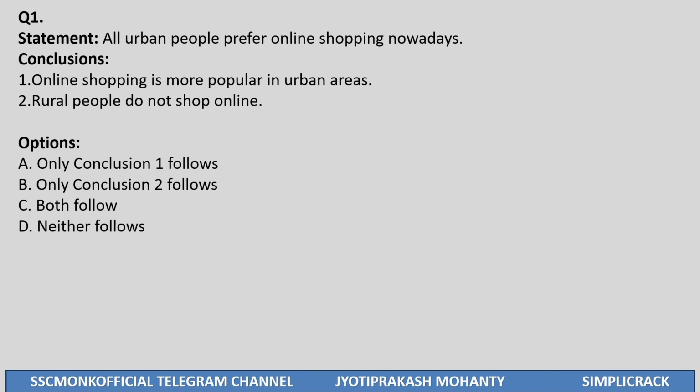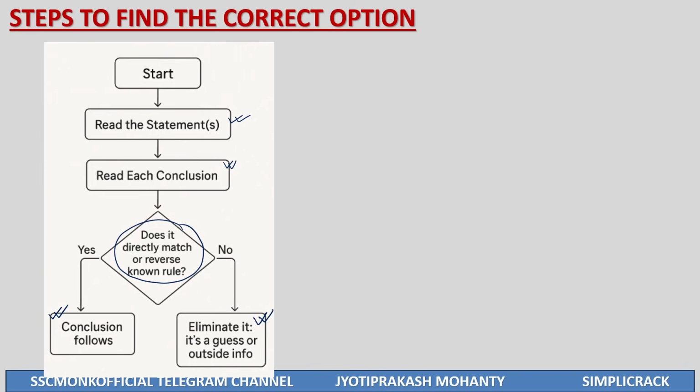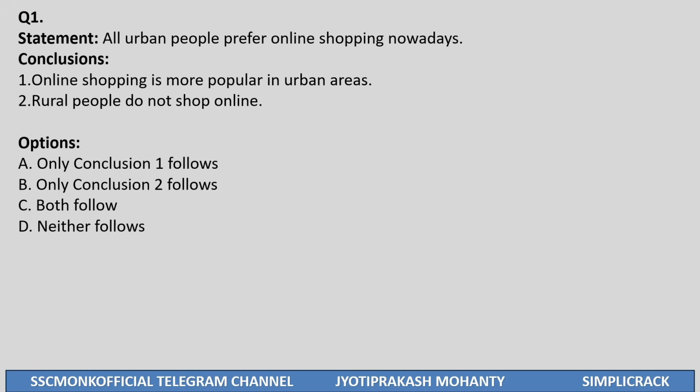It is saying all urban people prefer online shopping nowadays. So first thing is that I read the statement. Now I will be reading the conclusion. First conclusion is that online shopping is more popular in urban areas. Rural people do not shop online. Okay. Now what I should do?